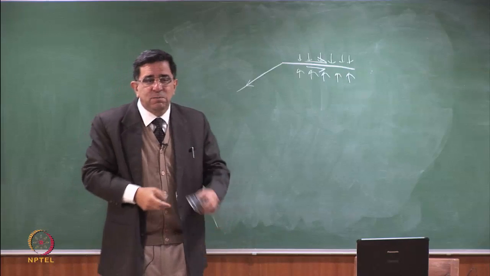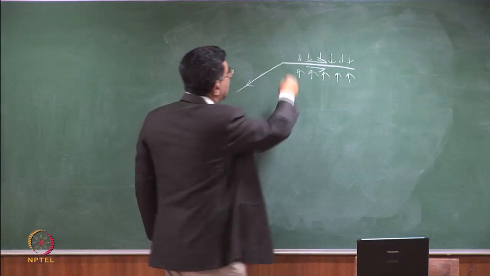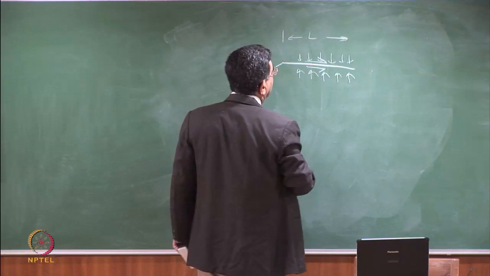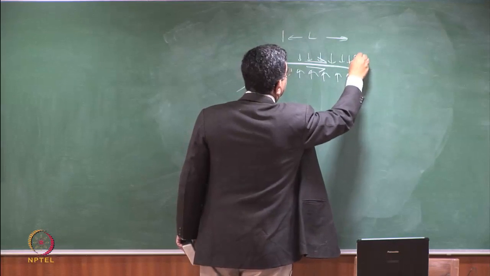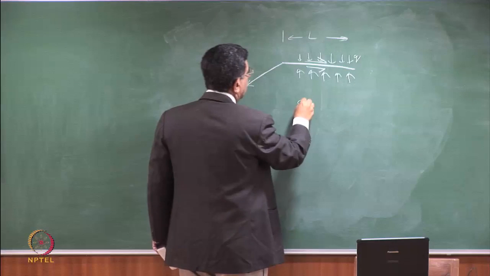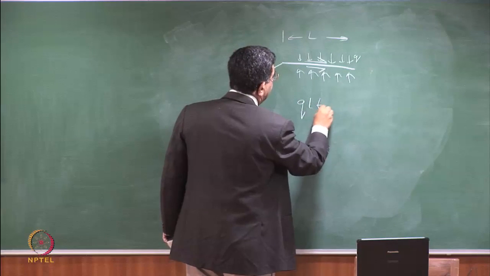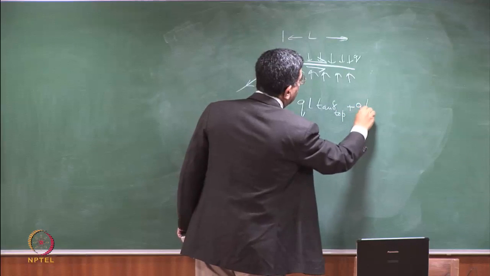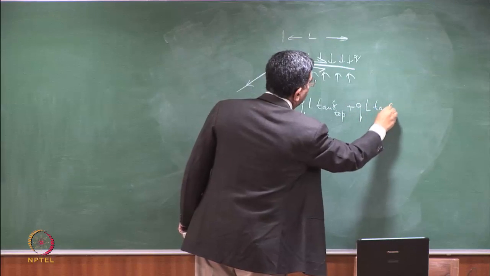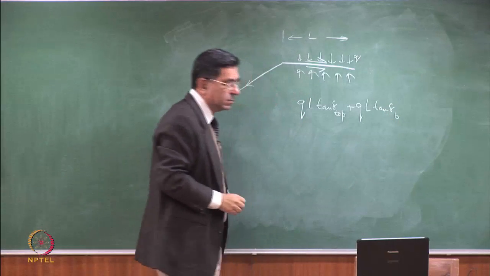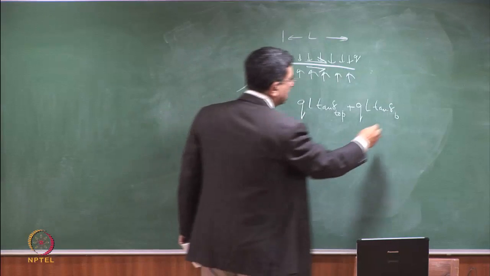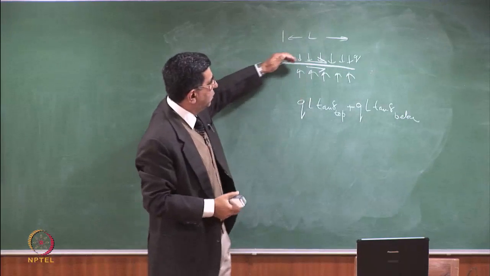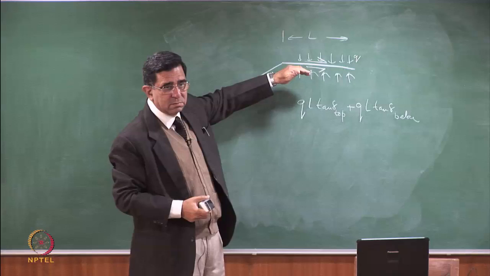So actually, if this is Q, this is L, and this is Q, then QL tan delta top plus QL tan delta below. Because as you pull this, there will be friction at the top and friction at the bottom.